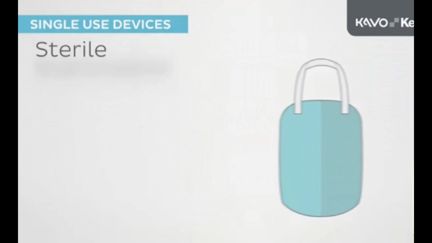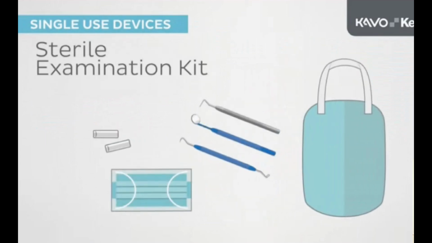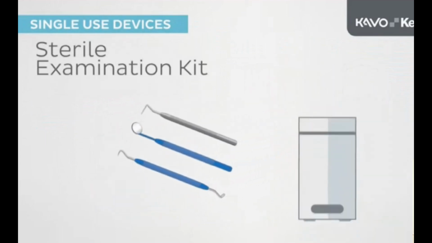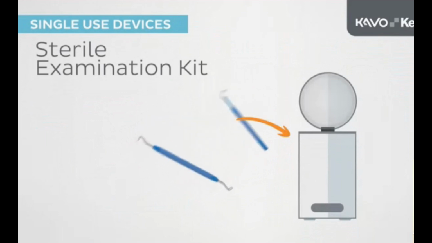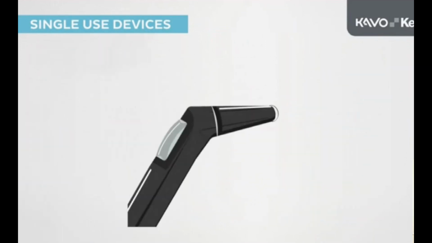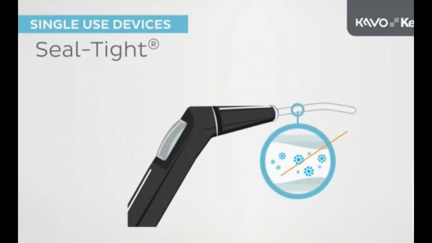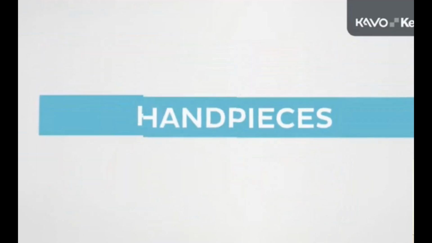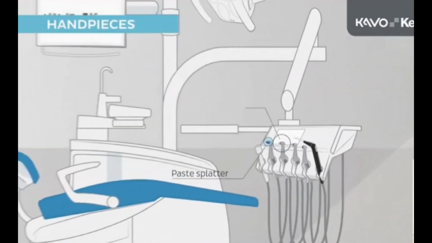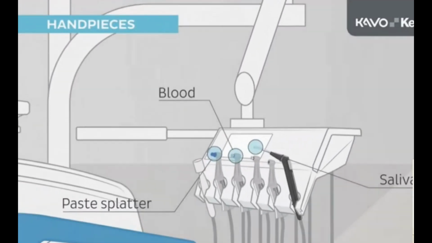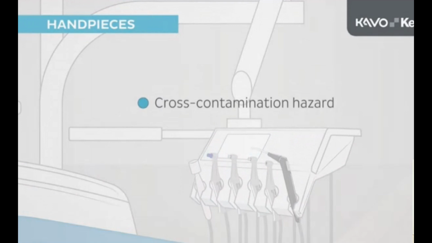Cross-contamination can occur where you least expect it, so disposable items are a great solution. Consider single-use examination kits to reduce risks. Disposable air-water syringe tips are also recommended. Seal Tight eliminates wear and tear, providing a fresh seal with every new tip. During prophylaxis treatments, paste splatter, blood and saliva can cause wear and create a cross-contamination hazard.